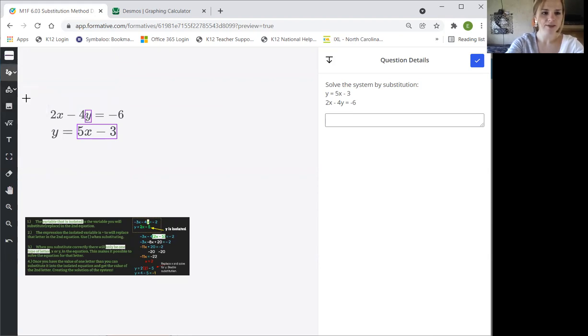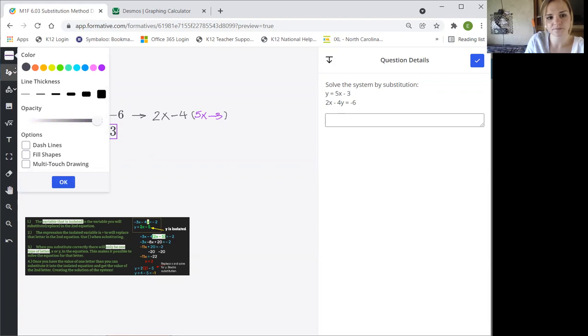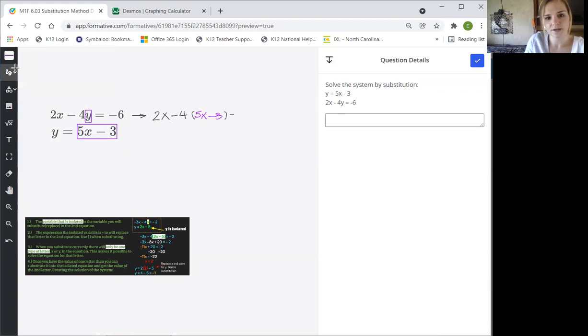We want to keep that 2x. So we get 2x minus 4, and then we want to replace that y value with what y is equal to. So y equals 5x minus 3, and that equals -6.